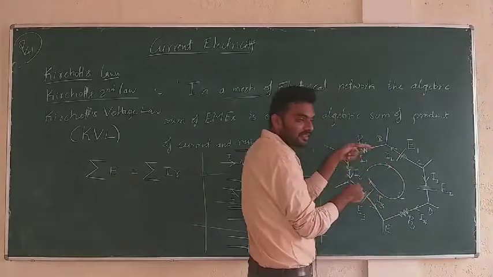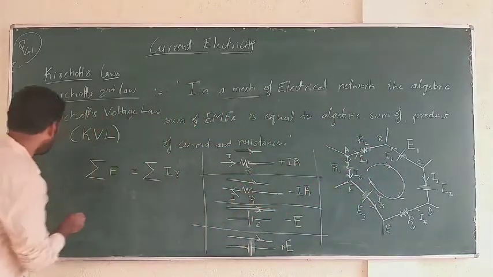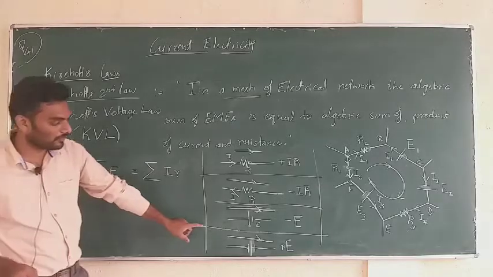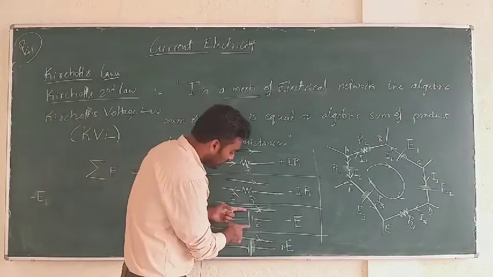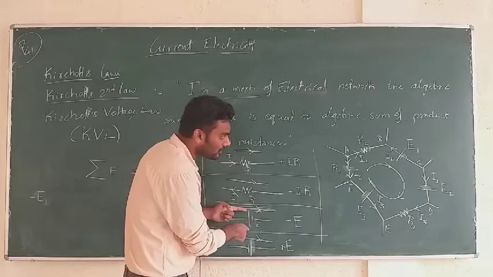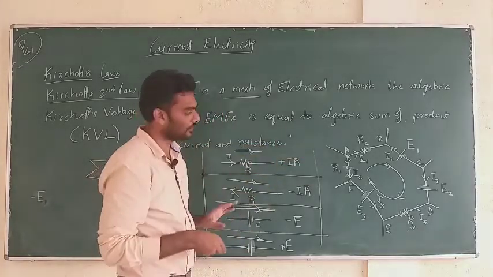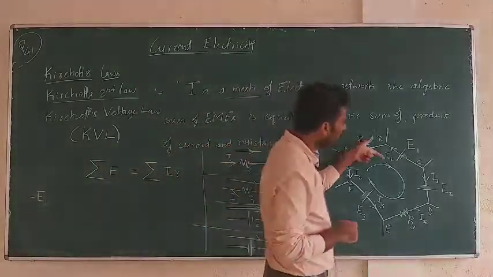So I should consider that EMF as minus E1, because that is the rule. If I see the positive terminal of the cell first, then I should take a negative sign for that EMF. Clear? Good.